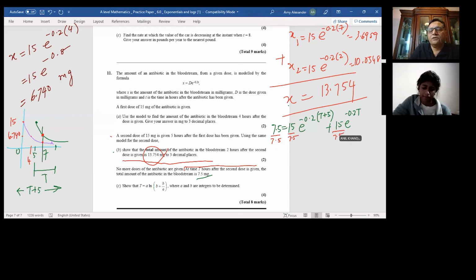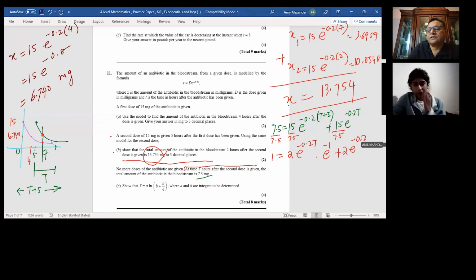So we get 1 equals 2 e to the power of minus 0.2 T. And then when it is plus, it is like a product, e to the power of, when you multiply this, minus, it becomes minus 1. Plus 2 e to the power of minus 0.2 t. Is this clear to you? So just open the bracket.